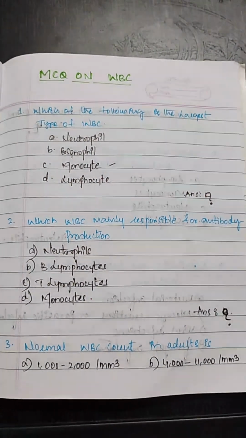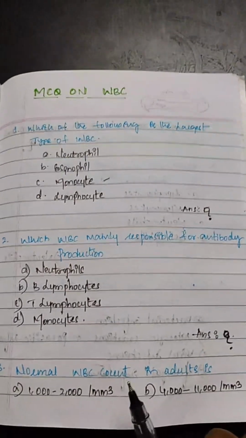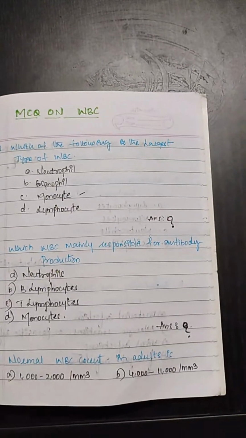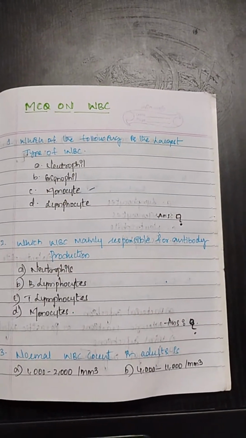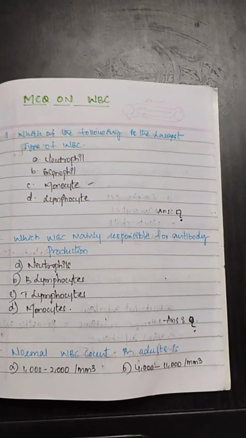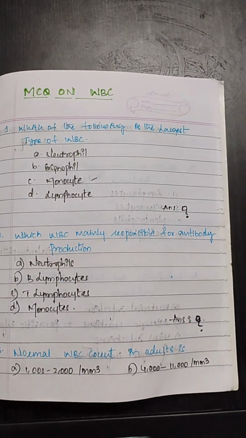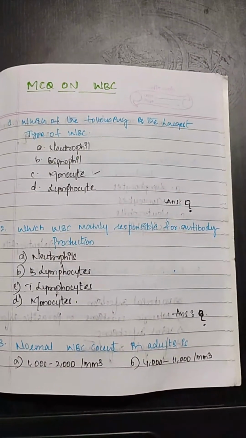The next question. Which type of WBC is mainly responsible for antibody production? Option A neutrophils, B lymphocytes, C T lymphocytes, D monocytes.